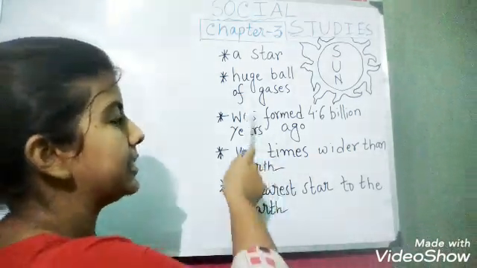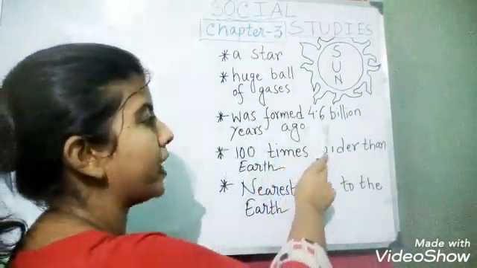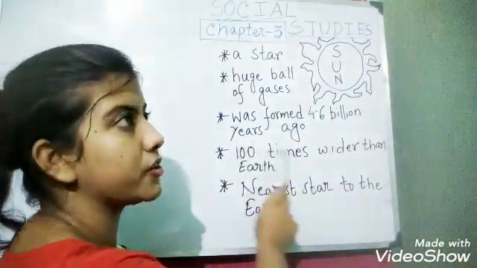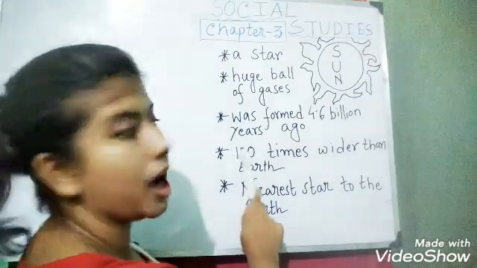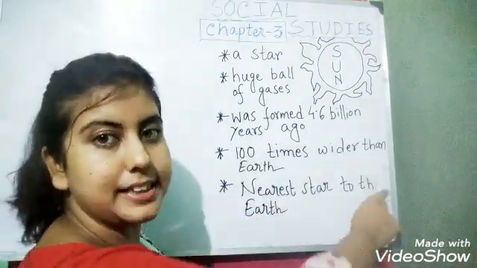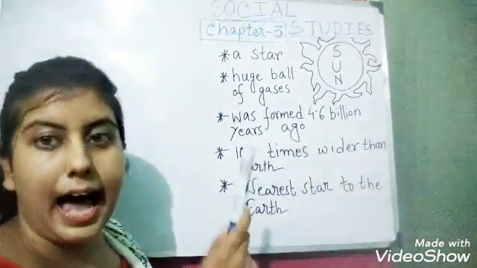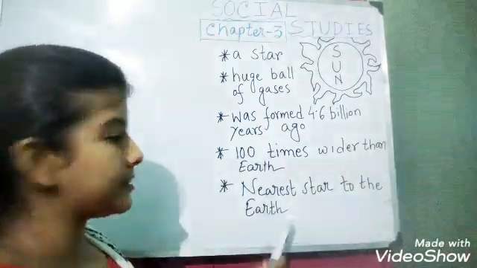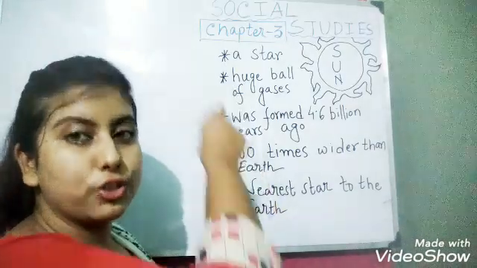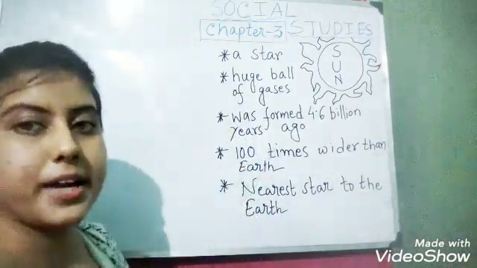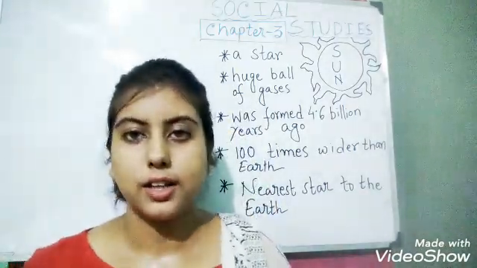Then it was formed 4.6 billion years ago. Next, it is 100 times wider than Earth. And lastly, it is the nearest star to the Earth. So these are some important facts about the Sun.